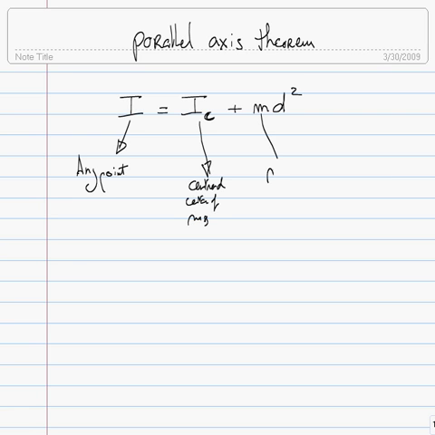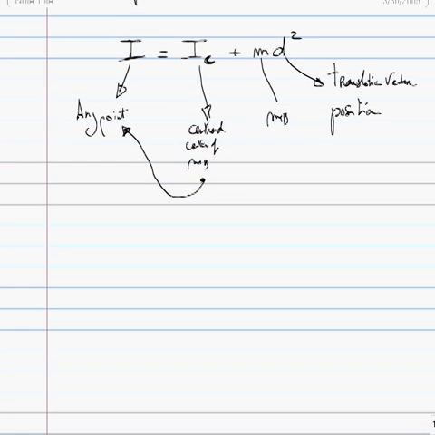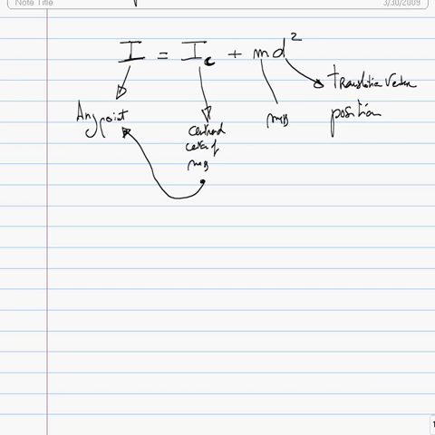M refers to the mass of the object, and D is the translation vector, which is the position vector connecting the center of mass all the way up to where you want to calculate that new moment of inertia. And that's it.